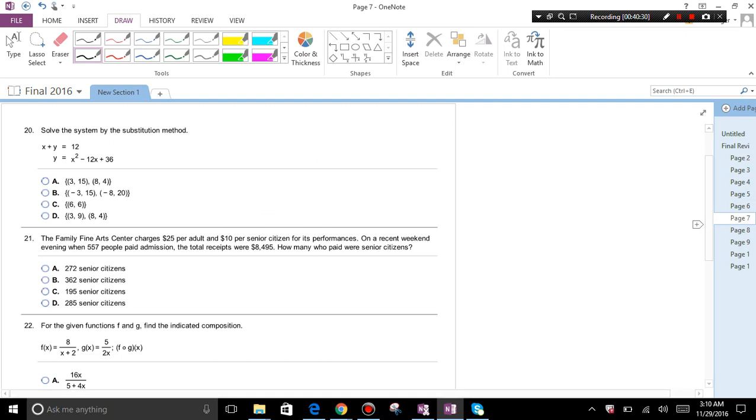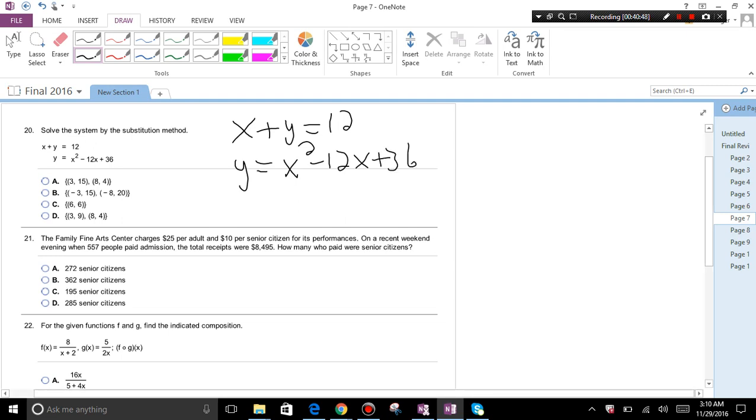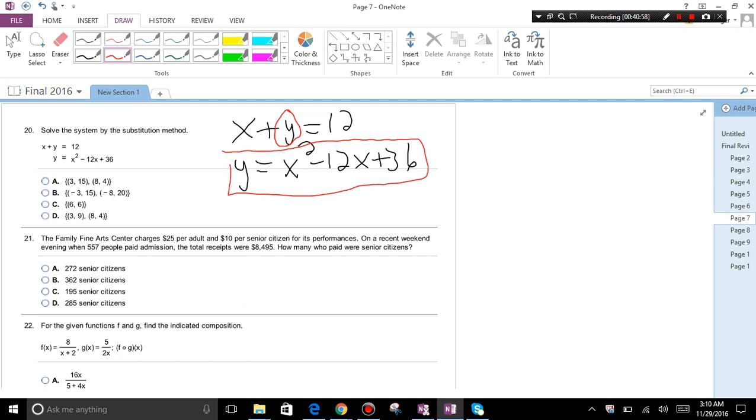20, we're solving systems of equations. We're going to solve it using the substitution method. x plus y equals 12, but I know that y equals x squared minus 12x plus 36. The substitution method says that if I know what y is, then I'm going to replace y with what it's equal to, and then solve for x.